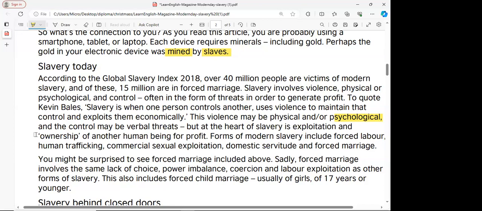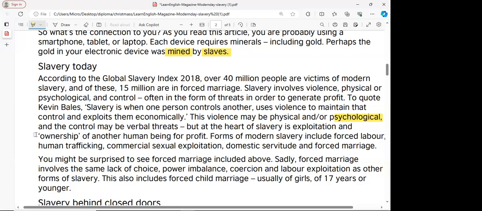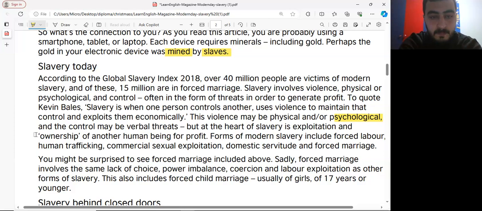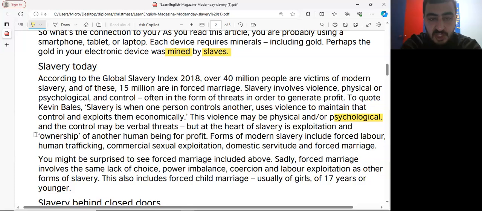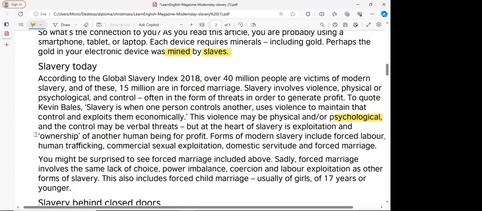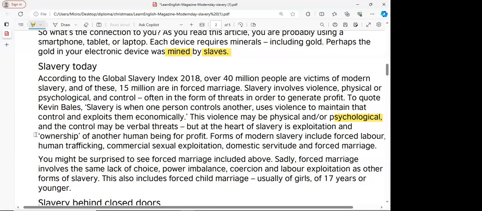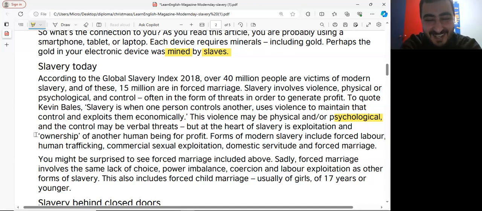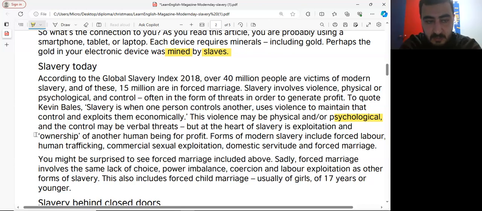Forms of modern slavery include forced labor, human trafficking, commercial sexual exploitation, domestic servitude, and forced marriage. Good job.